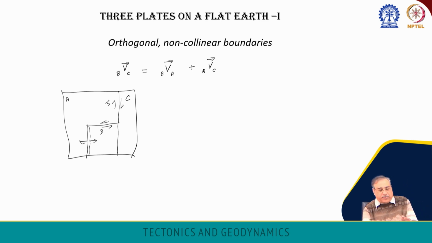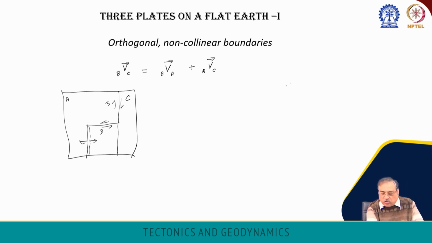So, how do we now begin to work out what this boundary would be like? Once again, this is what we are trying to understand: what would be the relative velocity between plates B and C. So, first of all, let us just try to work out what the relative velocity of A with respect to B is. This is A with respect to B.